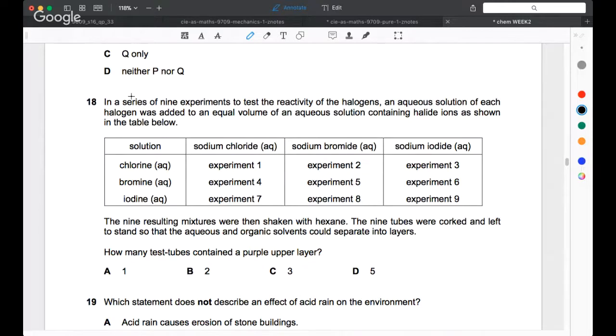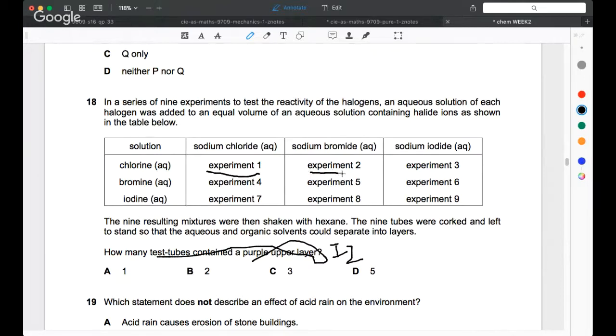So you read the question? Okay, so the purple upper layer means they contain diatomic molecules of iodine. Yeah, so that means there is iodine.